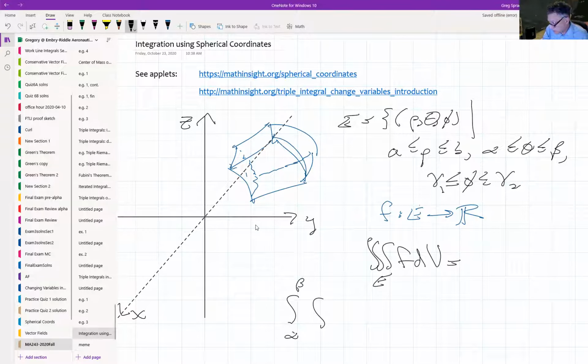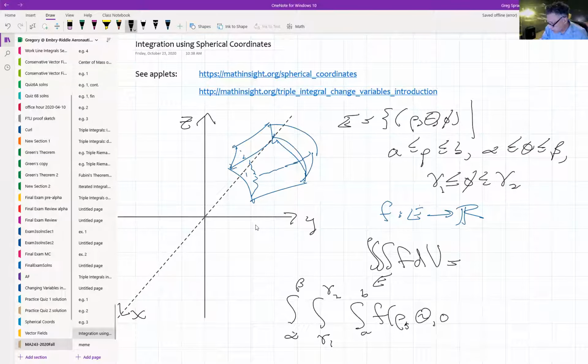Now, it doesn't matter what order I write the limits in because they're all constants, but it's probably a good idea always to do it in the same order when that happens. And I like to have rho on the inside, because you might do a problem once in a while where rho is not a constant.